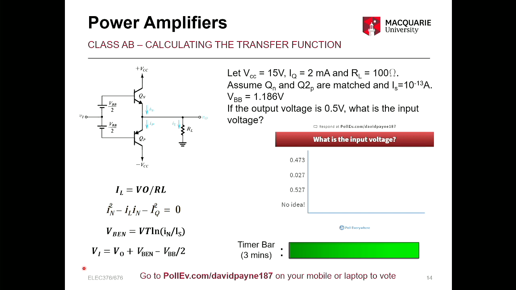So let's try it out. Here's the situation, same amplifier as the last question. Here the VBB is given to you, which we calculated before, 1.186. And the output voltage in this case is 0.5 volts.